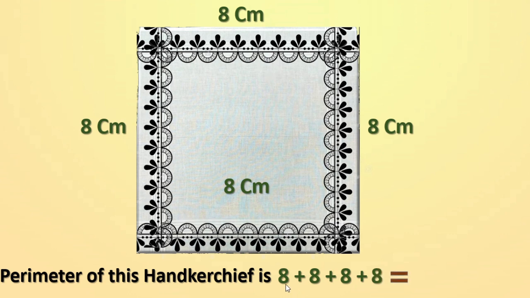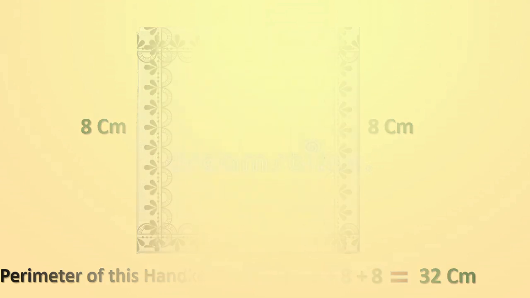So the answer is 8 plus 8, 16, plus 8, 24, plus 8, this is 32, isn't it? 32 centimeter. Got this, children? Means how much lace did she need to trim this handkerchief? 32 centimeter lace she needed to trim this handkerchief. Got this? Okay, we will go through one more example.